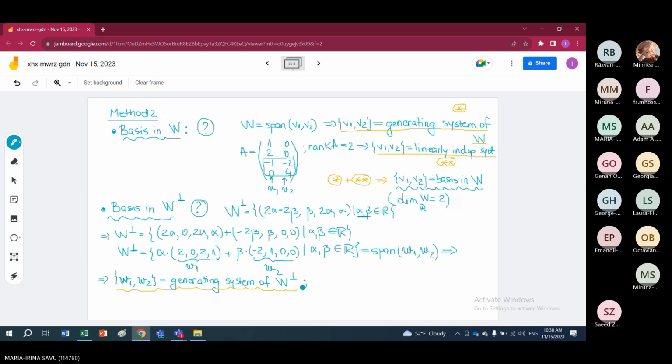So I'm taking this matrix, which takes W1 and W2. The rank of this matrix is 2. So it means that you have a linearly independent system.